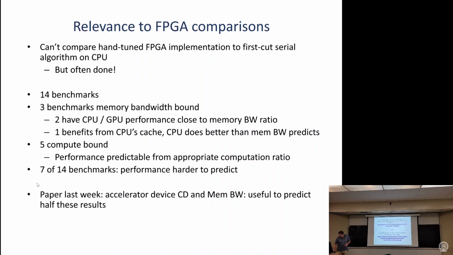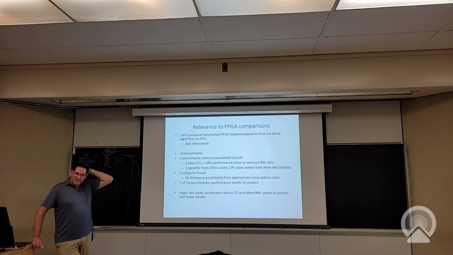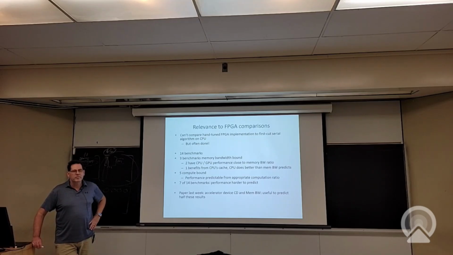Any other thoughts on this paper? Yeah. A lot of the hardware suggestions they had, like how to improve CPUs and how to improve GPUs, have actually been adopted. CPUs also have wider SIMD.